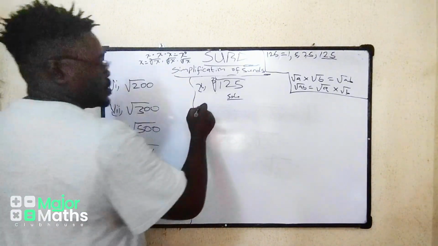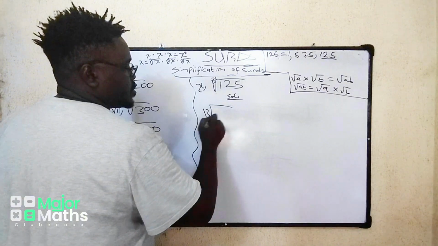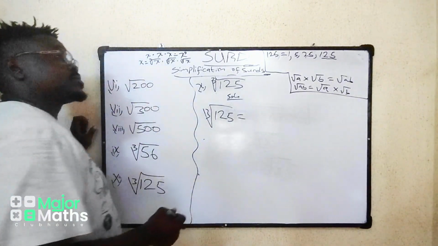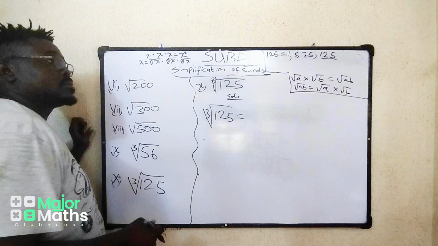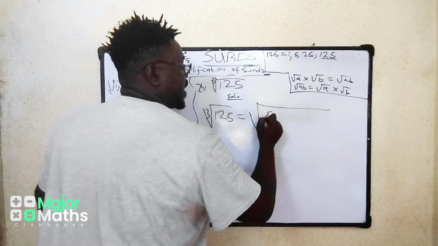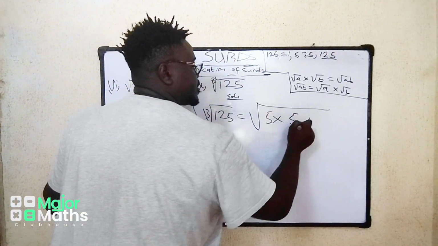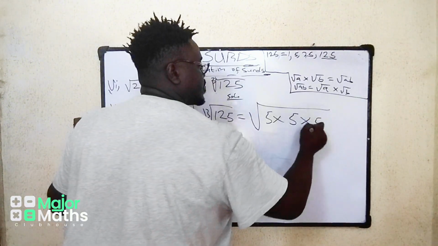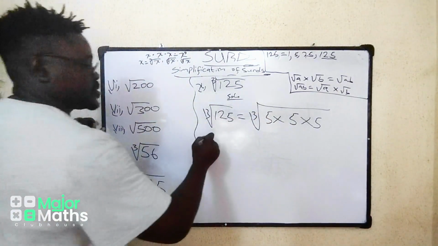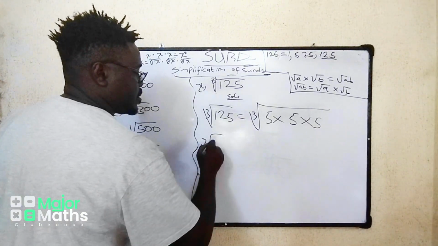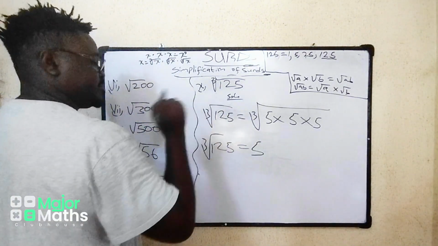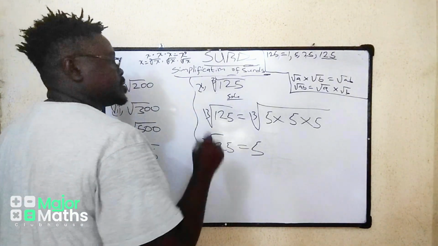All right, so the cube root of 125. 125 is 5 times 5 times 5. So therefore, it's equal to 5.